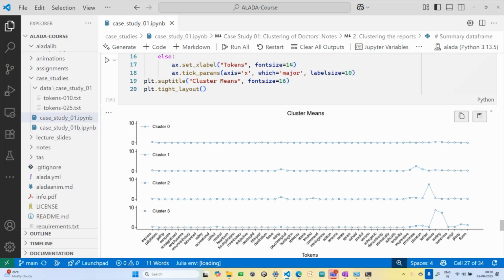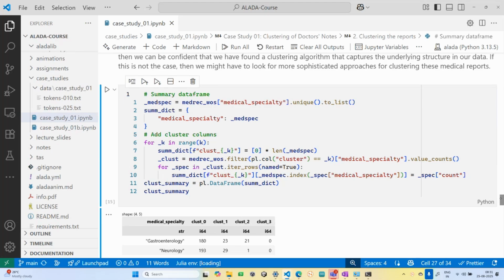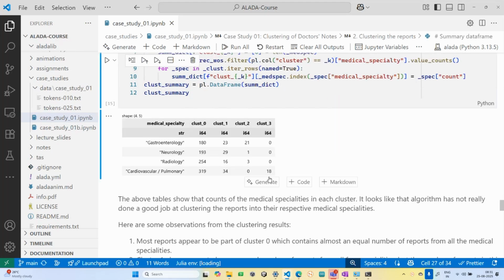For example, there is a spike for, I don't know, ladder. And for some reason that leads to us identifying 21 of the gastroenterology nodes very specifically. And cluster 3 has ensure and ending, and that for some reason has led to us identifying mostly cardiology-based reports.